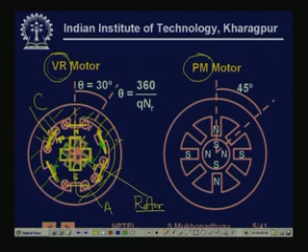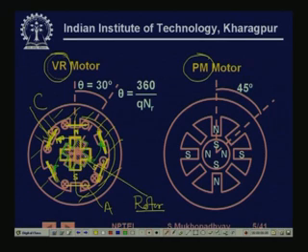So, you see that if you do it in a sequence, every time you are exciting another winding, the motor rotor will rotate by a definite angle, right. That is why it is called a discrete, that is why it is called a step motor, because every time you apply a voltage, it is a DC voltage to a winding, the motor steps, the motor rotates by one step, right.